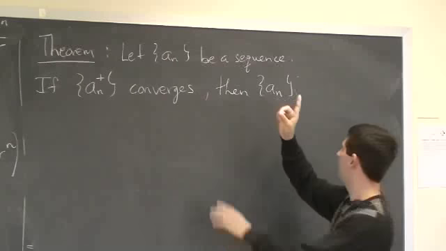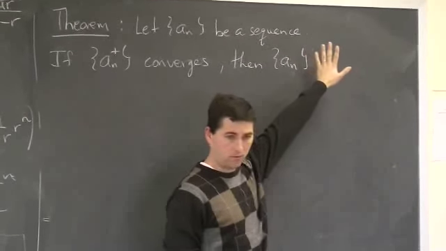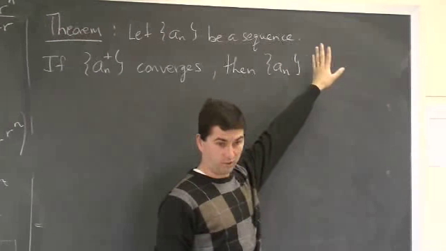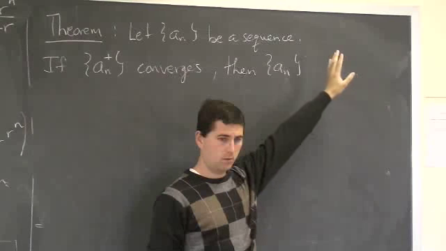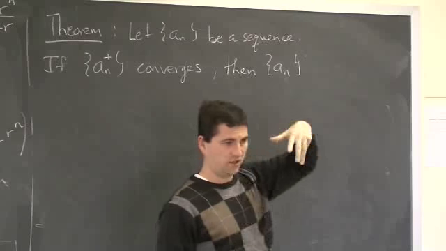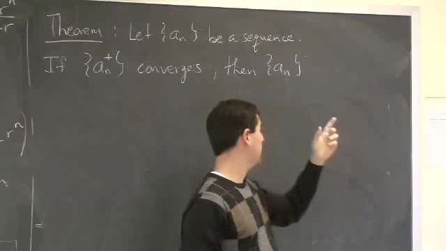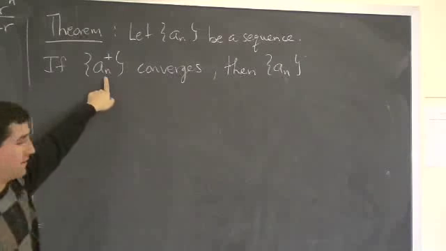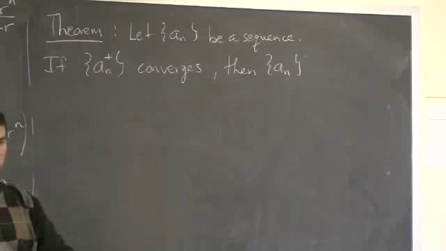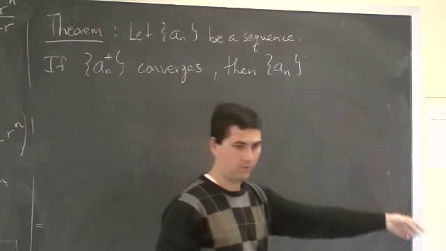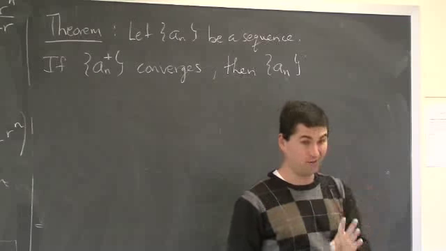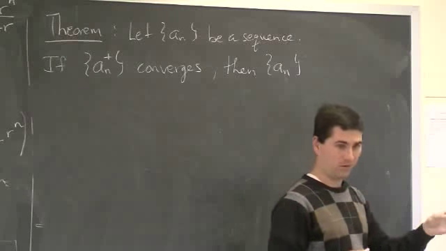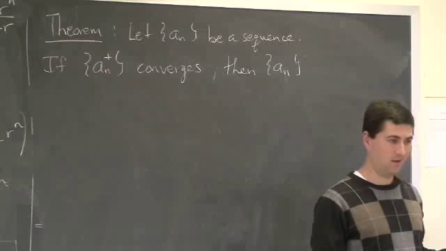Well, let's see. If this doesn't converge to 0, but it converges at all, then it's converging to some number, which means that at the tail end of this sum sequence, you're just adding that same number over and over and over again. Now, what happens if you keep adding the same number, which is not 0, over and over to something? It goes to infinity.